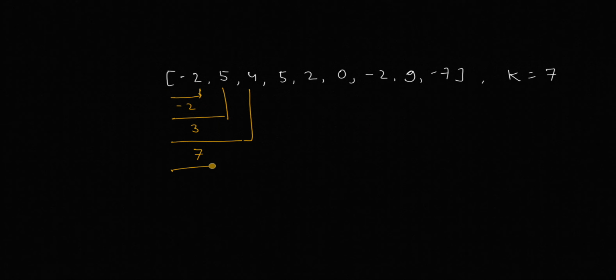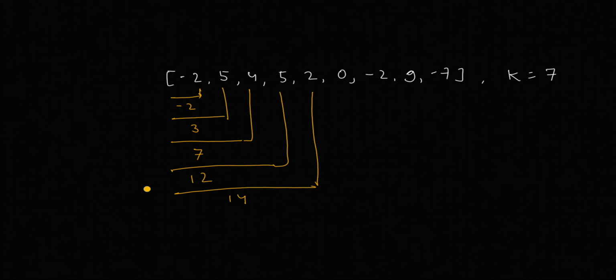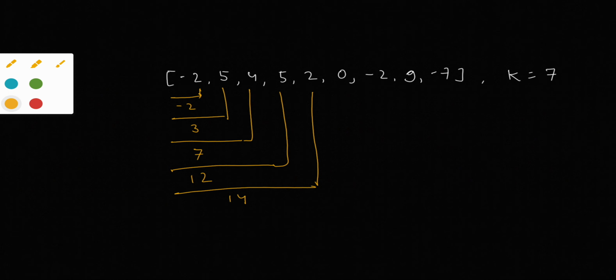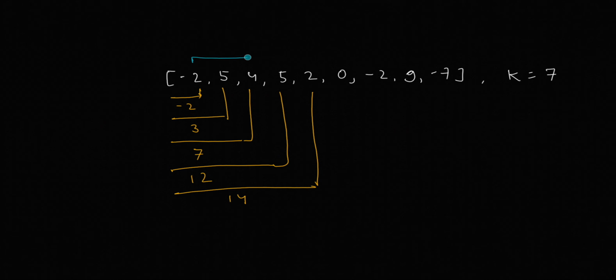Then the sum from this point to this point is 12. From here to here, it's 14. So now if you look at this, what are we getting? We found out that the sum from here to here is 7. Basically, for these indexes, the sum is 7.